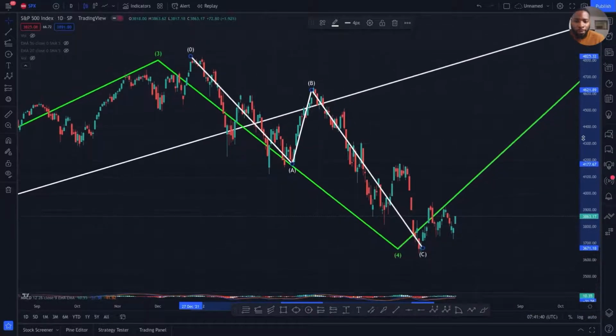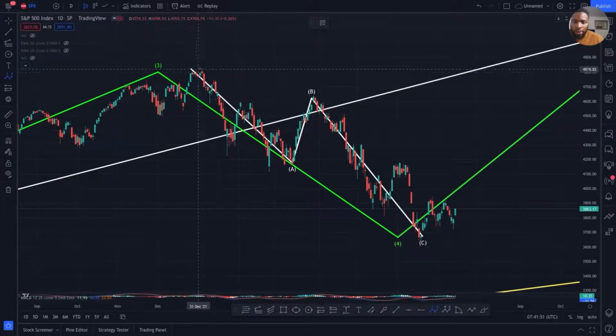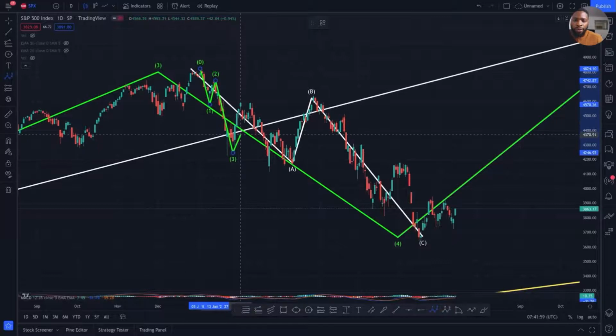So I'm on the daily time frame, guys, and on the daily time frame already, I can see that this is a 5-wave pattern. This is wave 1, wave 2, wave 3, wave 4, and wave 5.